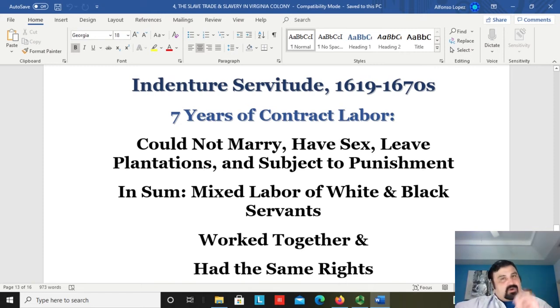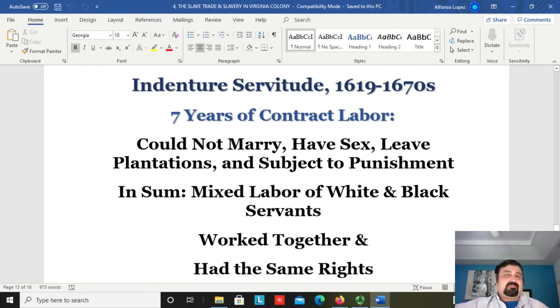You learn everything about this trade, everything about how to grow tobacco, etc. And at the end of 7 years, that's what the contract is for, a labor contract for 7 years, the company will release you.